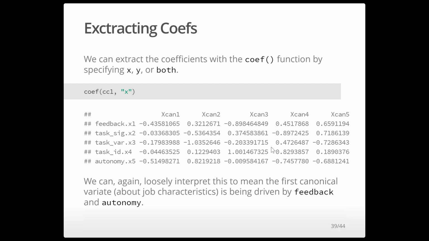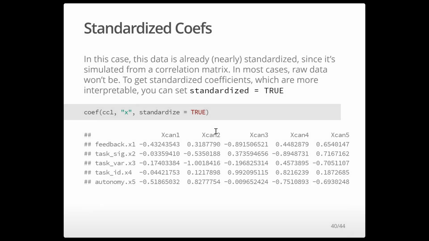So we can also extract the coefficients for our canonical correlation with the coef function by specifying x, y, or both. We can, again, loosely interpret this to mean the first canonical variate about job characteristics is driven by feedback and autonomy. Again, in this case, the data is already nearly standardized since it's simulated from a correlation matrix.